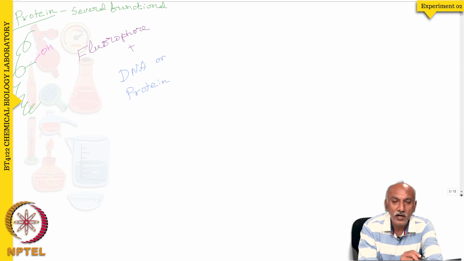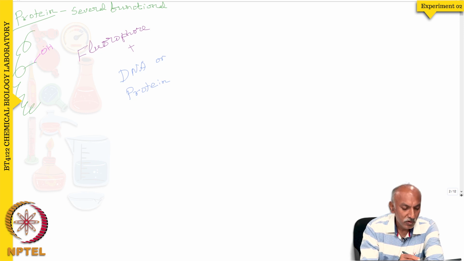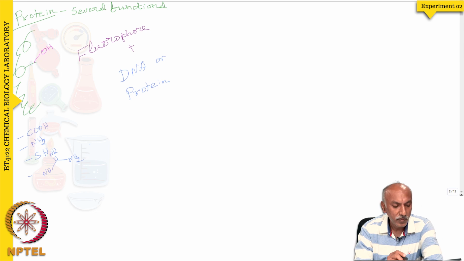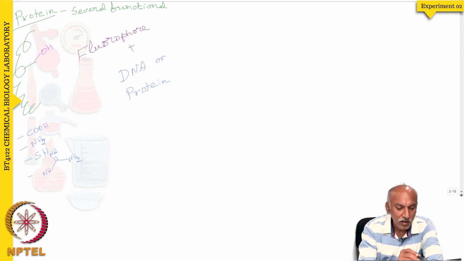How will you exactly attach a fluorophore at a particular point? Because you have several functional groups, as I mentioned before: carboxyl, amine, thiol, guanidinium group, amide, etc. How can you make this OH attach to the fluorophore in a specific reaction?